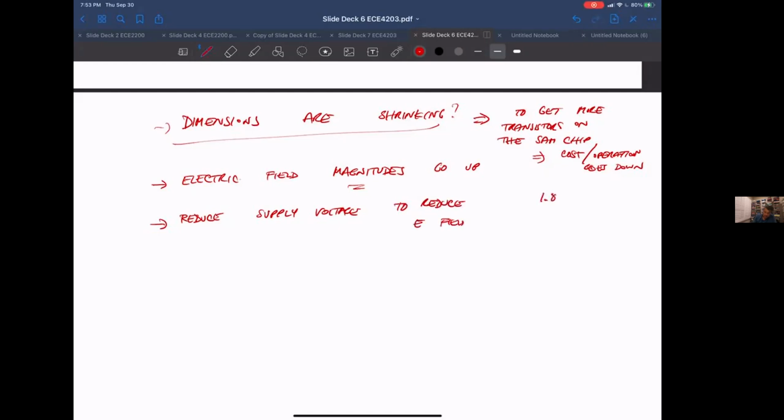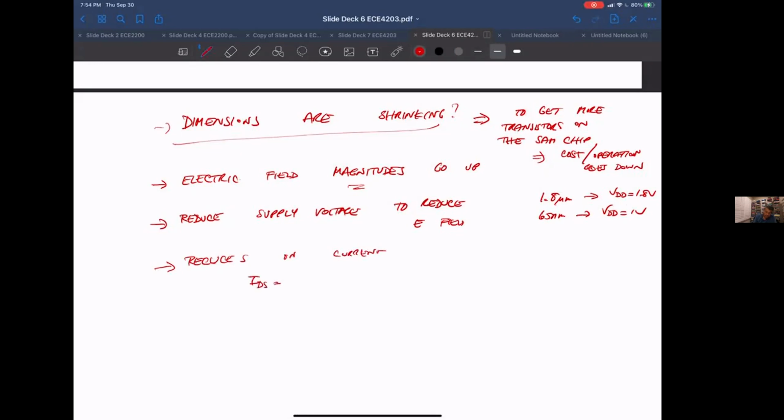For example, a 1.8 micron process has a 1.8 volt VDD. A 65 nanometer process has a 1 volt VDD. So you start reducing the supply voltages. This reduction of supply voltages reduces on currents. Why?